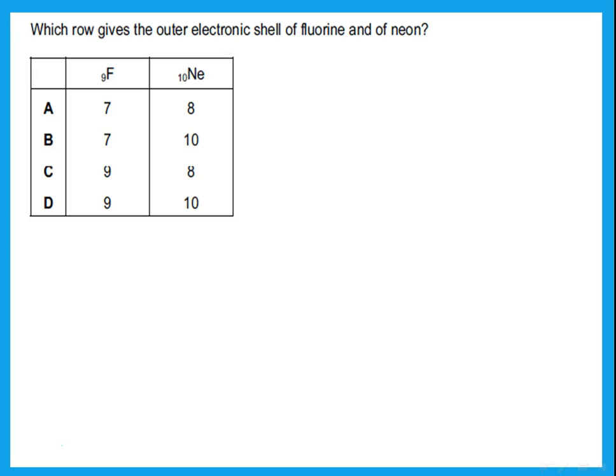That means it originally has 9 electrons. How do I distribute them? The first shell takes 2, and then I'm left with 7, and that means my outer electron shell has 7. Now, neon has 10 electrons. How are they distributed? They're distributed 2 and then 8. That means the outer electron shell has 8, and that means my answer is A.